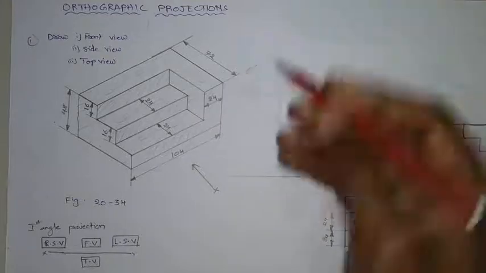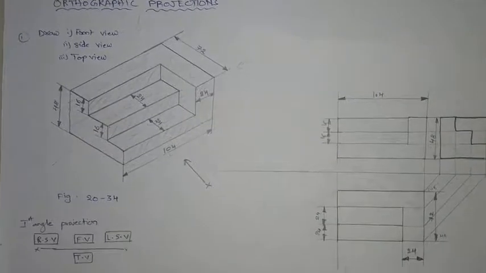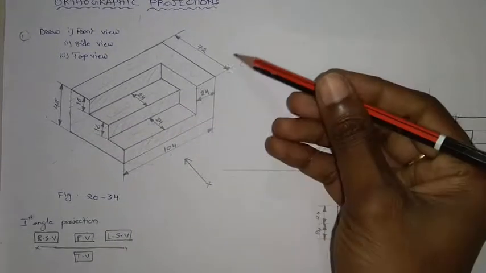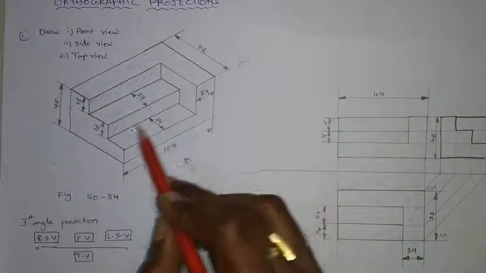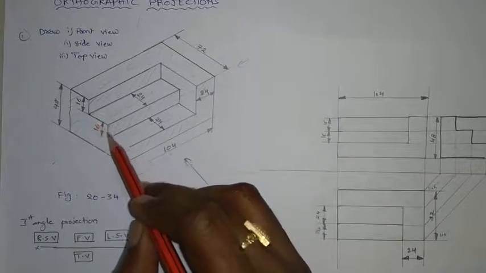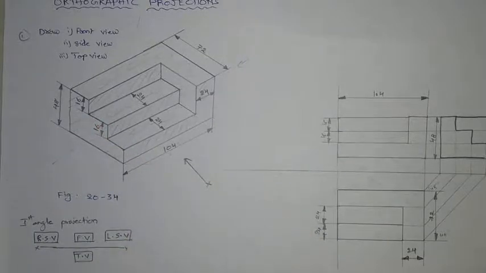From this side, how will the shape be? That is a total rectangular block. But remember that in case of projections, you have to show the hidden lines. Means if you see from this side, you cannot see all these edges, this edge, this edge, this edge. Even though we cannot see, we have to plot those invisible edges with the help of dotted lines, as you already know.